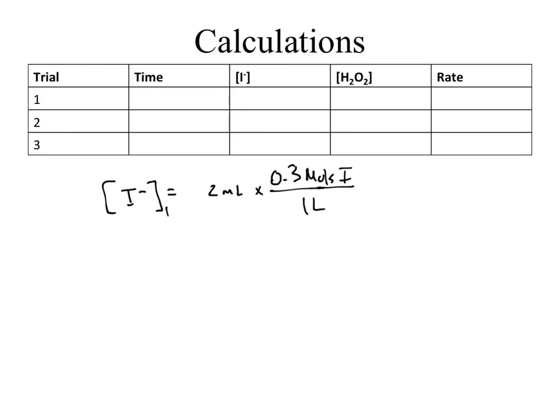We've got volumes set up there, so we could potentially go through and cancel that out. We've got 1 liter is 1,000 milliliters, right? So that would give us the moles of iodide added per reaction. We want the molarity in the reaction. How do we get the molarity? It's moles per liter.